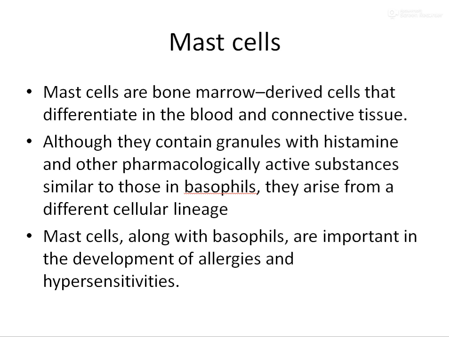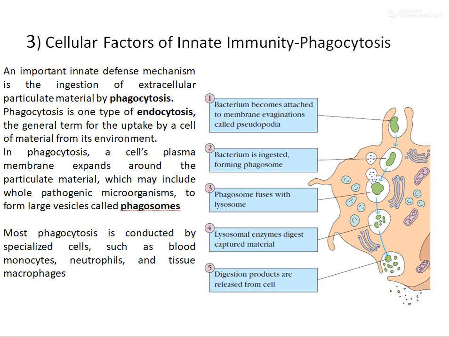So these are the cellular factors of the innate immune system, and they contribute mainly to two different processes. One is phagocytosis, where a bacterium becomes attached. It is a process where the bacteria or the pathogen becomes engulfed, and it is a type of endocytosis.